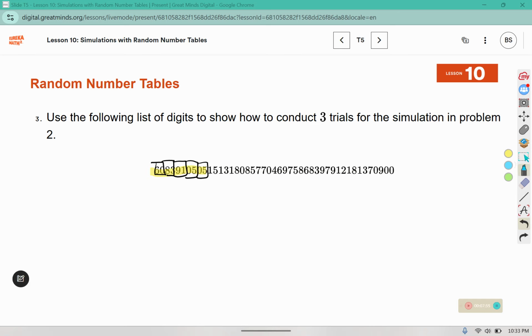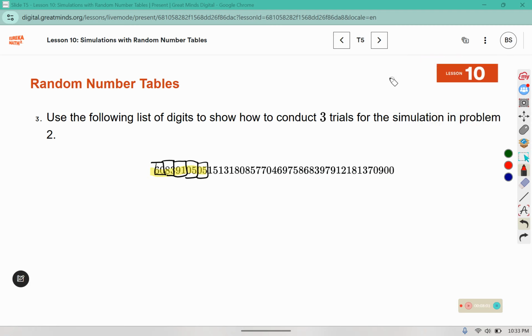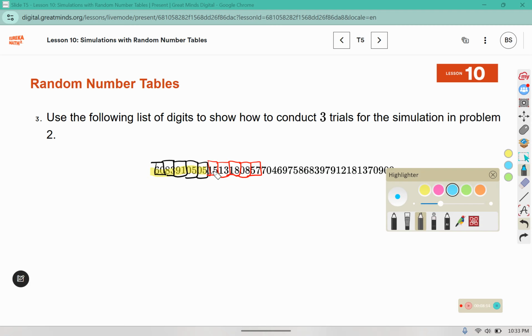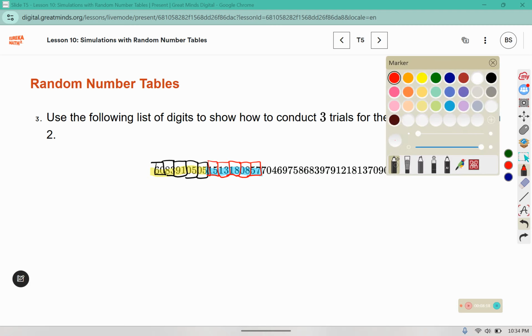Then we're going to do another set of 2, 5 times. And that would be the second trial. Then repeat that for the third.